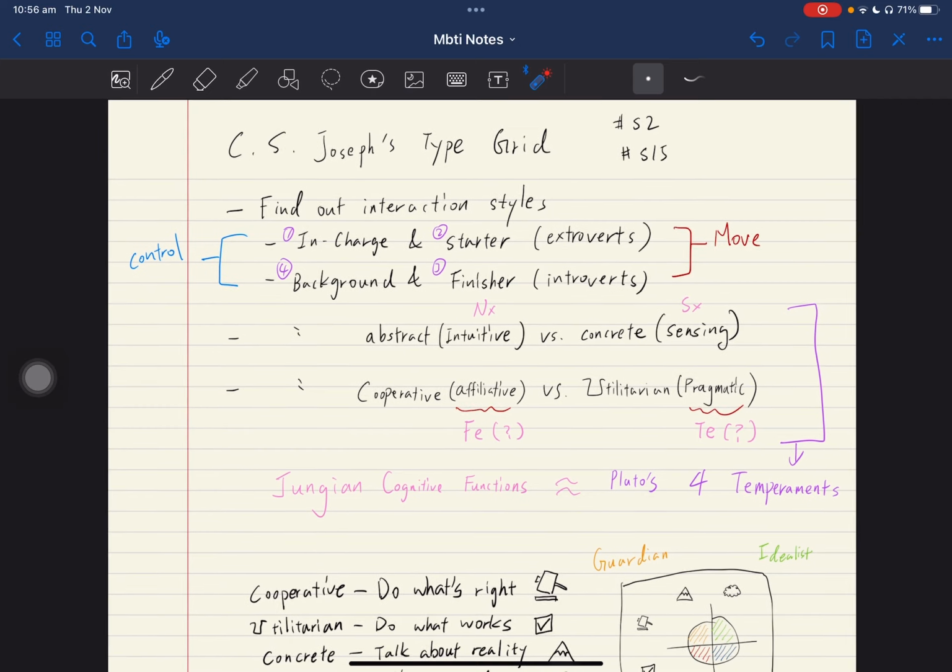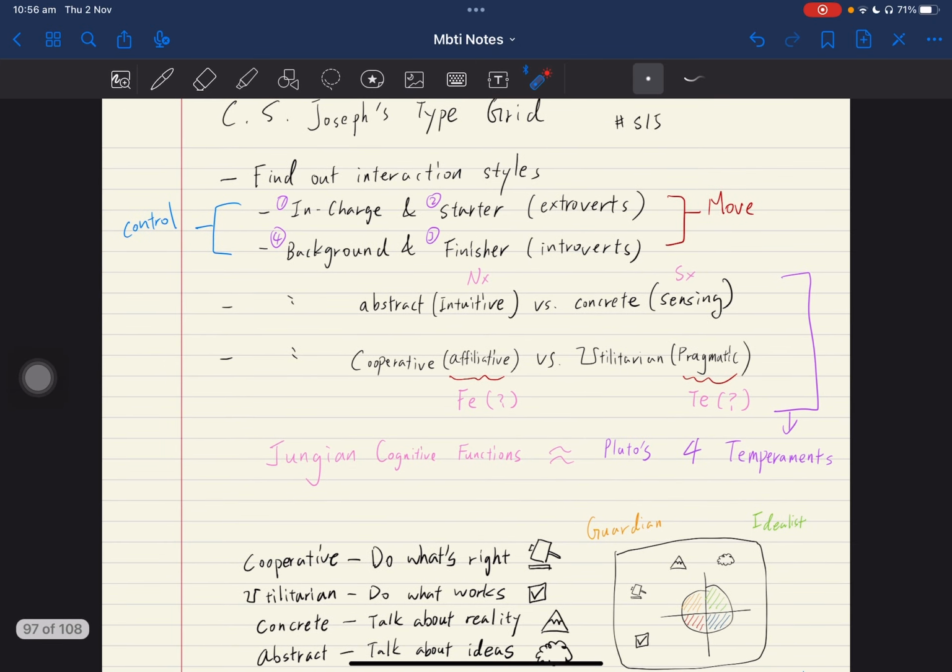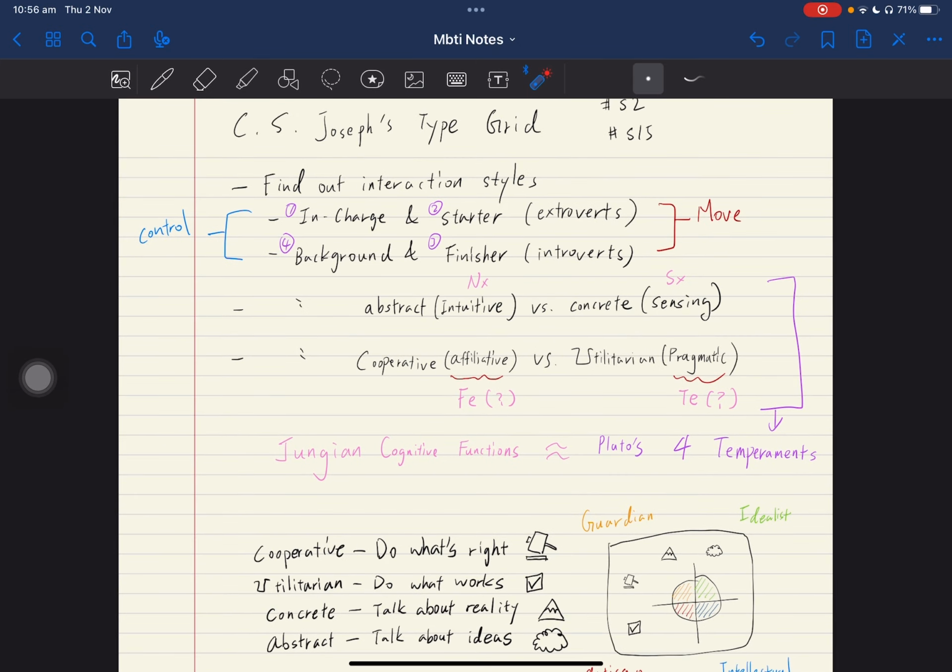So here's the CSJ Type Grid. The main goal is to break things down into different parts we can make Boolean decisions on, and that is the value of the interaction styles.